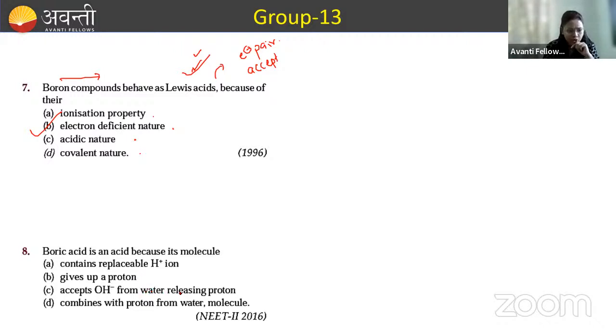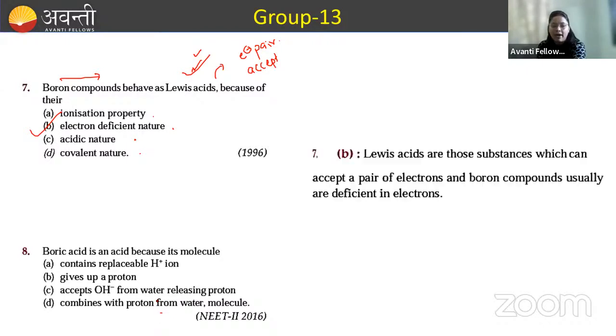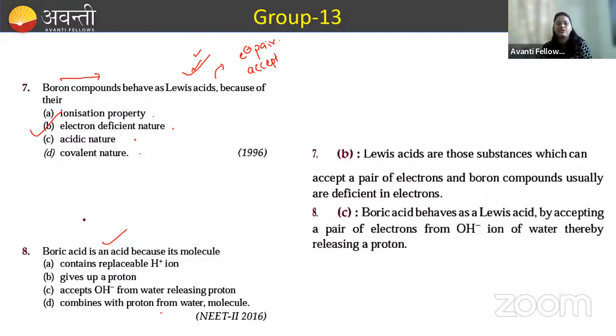Next problem: boric acid is an acid because its molecule contains a replaceable H+ ion, gives a proton, accepts OH minus from water releasing a proton, or combines with a proton from the water molecule. This is actually a very good problem. Boric acid behaves as an acid. Why? Because, as I just told you, a Lewis acid accepts electrons.